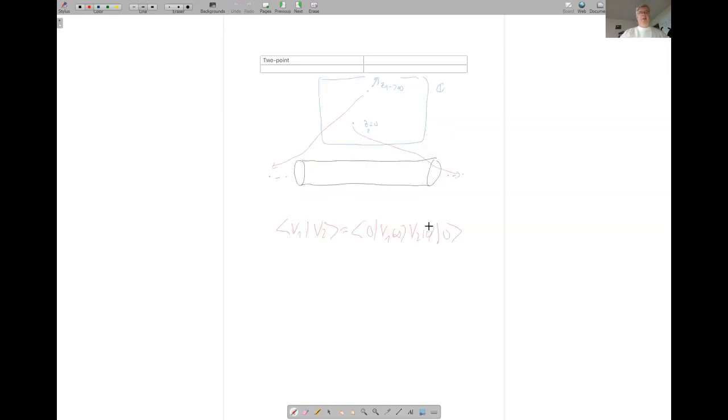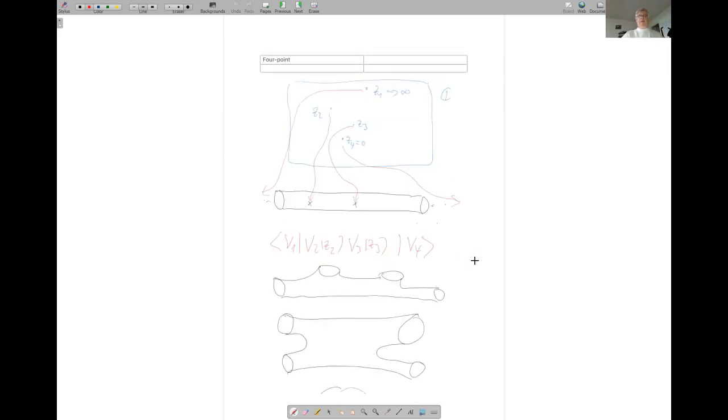We can take two vertex operator insertions in the complex plane, one at the origin, one at infinity. This then gives us an infinite cylinder, and we can think of this as an amplitude where we create a state in the infinite past, let it propagate to the infinite future, and then ask what is the probability to find the state V1. And this is this correlation function here. And we can go further. We can introduce more operators, let's say 4 of them.